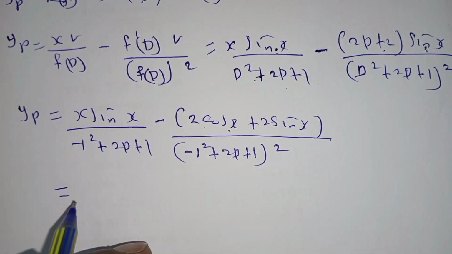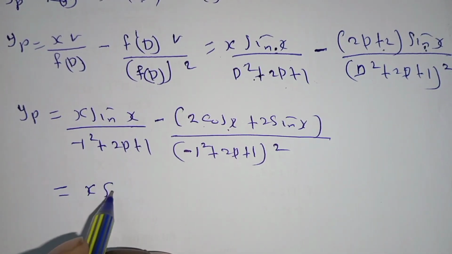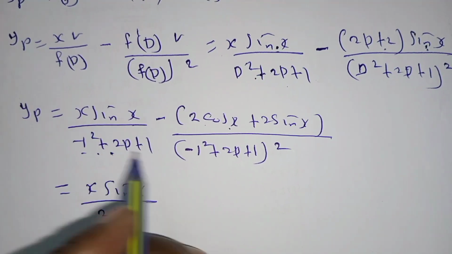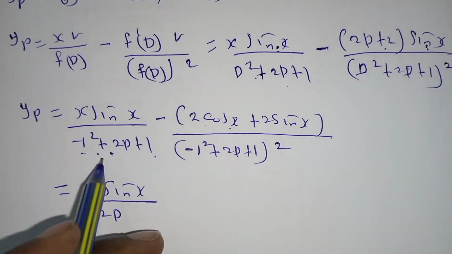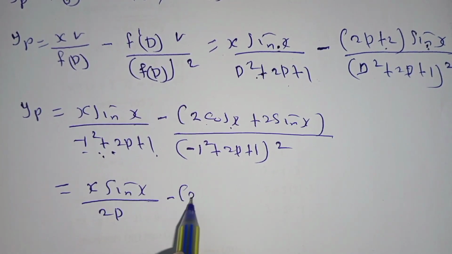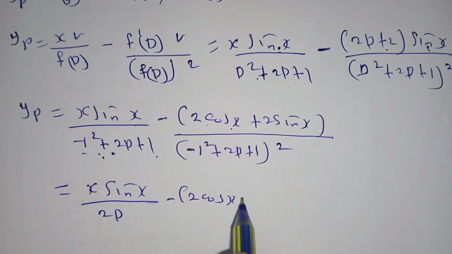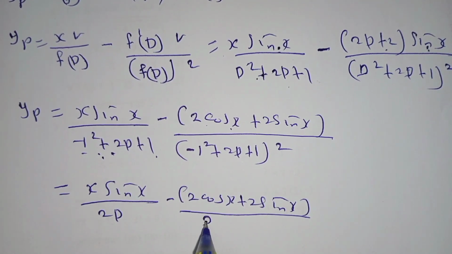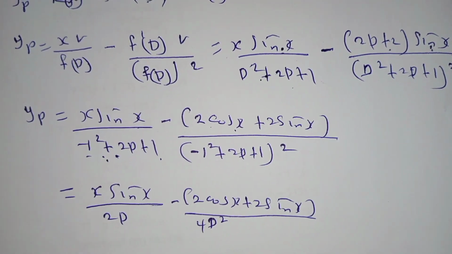which is equal to x sine of x divided by 2D. This will give you -1 + 1, which is 0. You will be left with the 2D. Then minus (2 cos of x + 2 sine of x) divided by (2D) squared, which is 4.